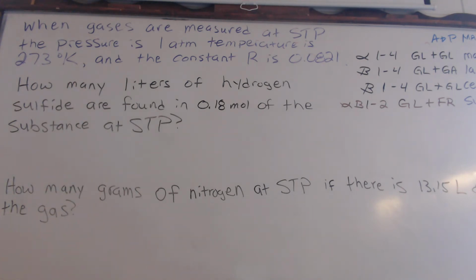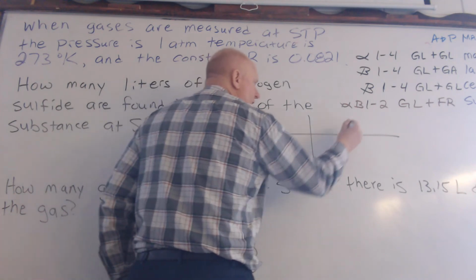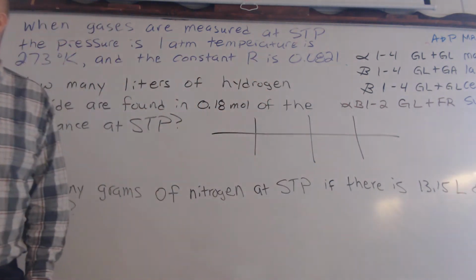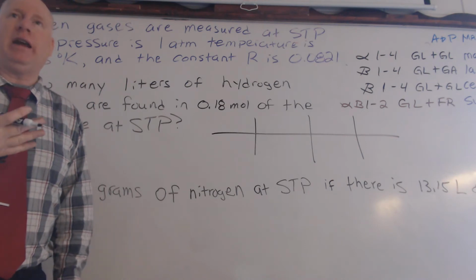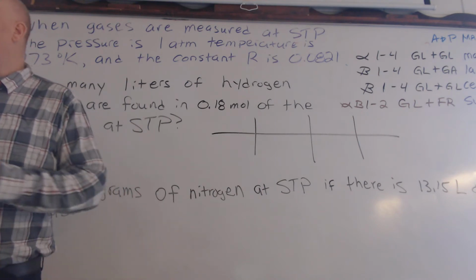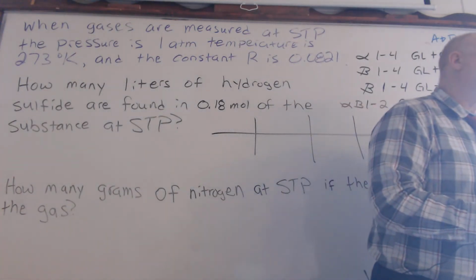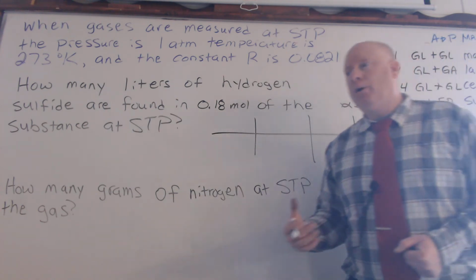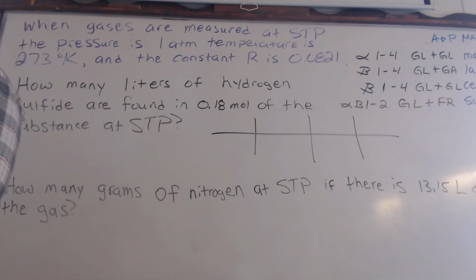Dimensional analysis, if you remember that, or you can use the ideal gas law every time. But you need to decide: am I just going to use dimensional analysis only, or am I going to use both the ideal gas law and dimensional analysis? You need to make that decision.